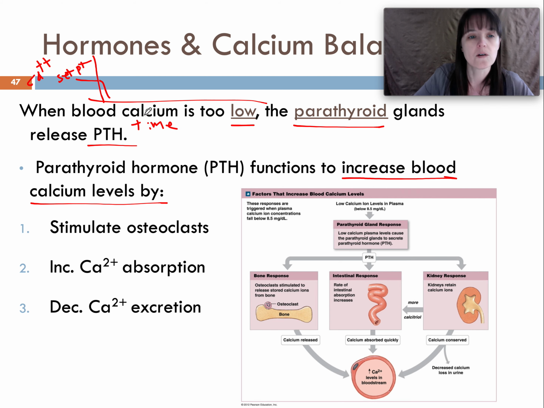Okay, so they can ask you two different questions. They can say, when calcium is low, what hormone do you release? And what you release is parathyroid hormone. So when blood calcium levels are low, what hormone do you release? Parathyroid hormone. They can also ask that question from the opposite direction. When the body releases parathyroid hormone, what happens to blood calcium levels?